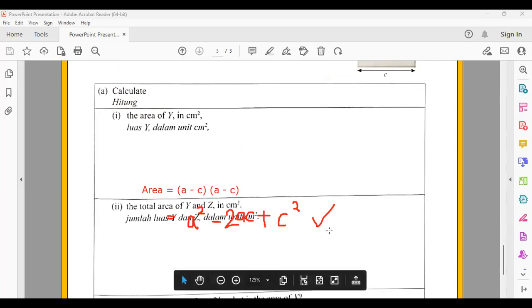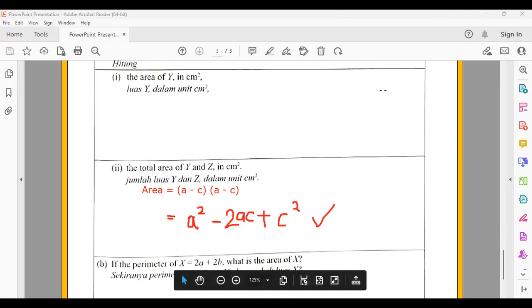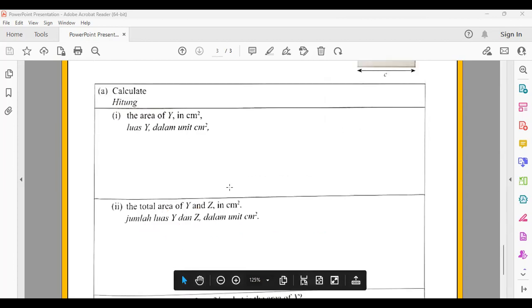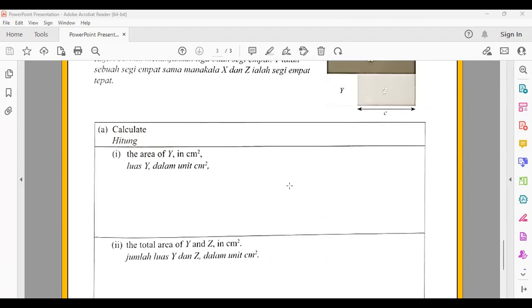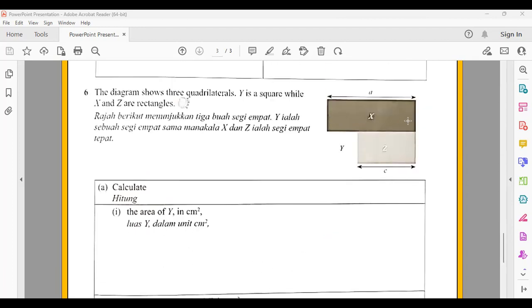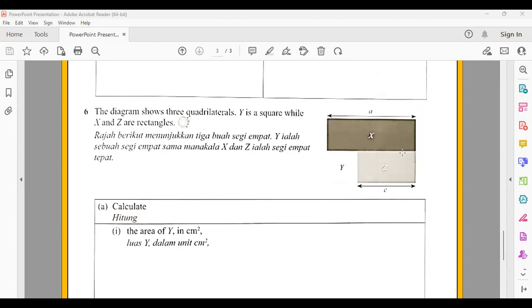What is the total area of Y and Z in centimeters squared? My goodness. How do I find Y and Z in centimeters squared? Now, there's one piece of information here that I'm not very sure of, which is the height.